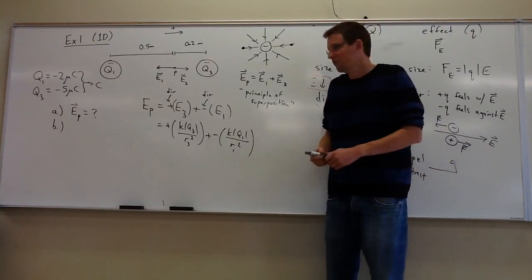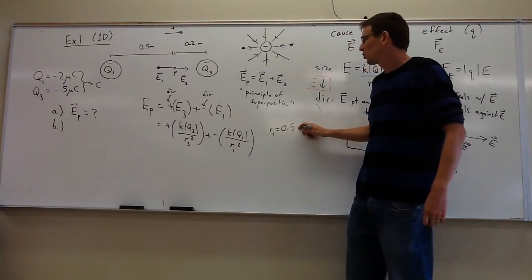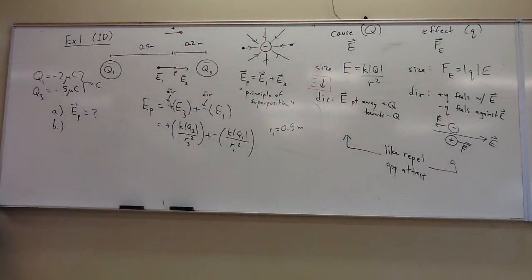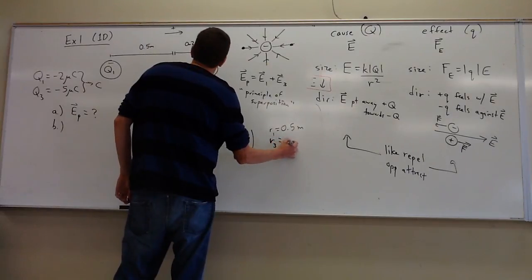I'm 0.5 meters away from charge 1. So the influence at point P is not as strong as if you were closer, but it's not as weak as if you were further away. You're 0.5 meters away from charge 1, and that sets the strength of influence that this charge has at point P. Likewise, you can see R3 is, of course, going to be 0.2.